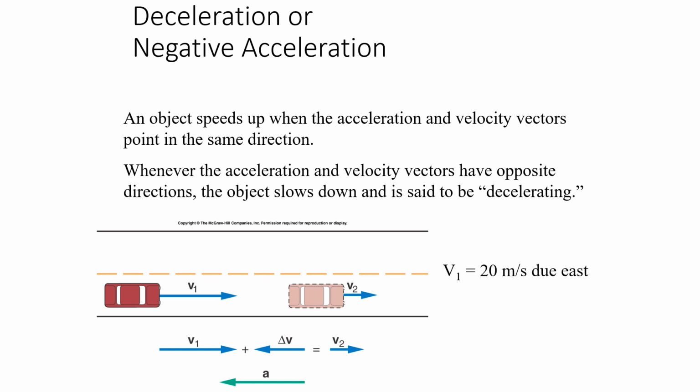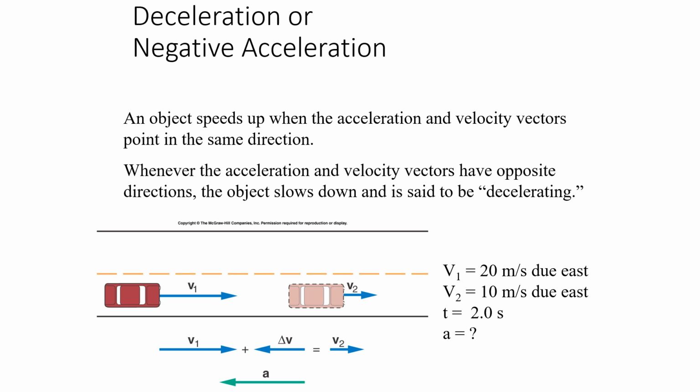Okay, for example, we have velocity 1, 20 meters per second to the east, and velocity 2, 10 meters per second to the east. So our time is 2.0 seconds. Now my question is, what is the acceleration of this object?